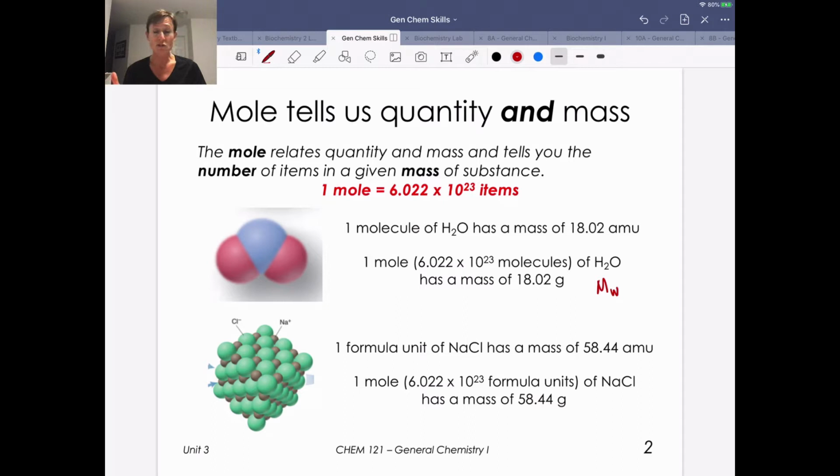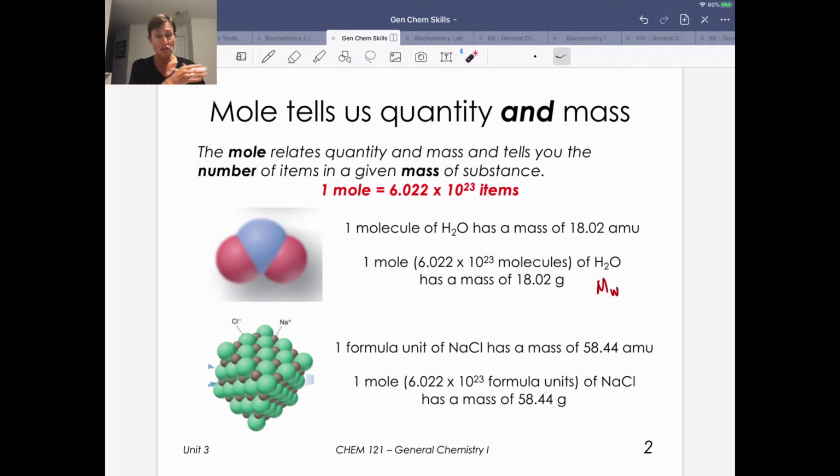We can apply this to covalent compounds like we have with water, or again, we can use it to think about ionic compounds. For example, table salt is sodium chloride. A formula unit of sodium chloride, so that's going to be 1 sodium cation and 1 chloride anion, is going to have a mass of 58.44 atomic mass units.